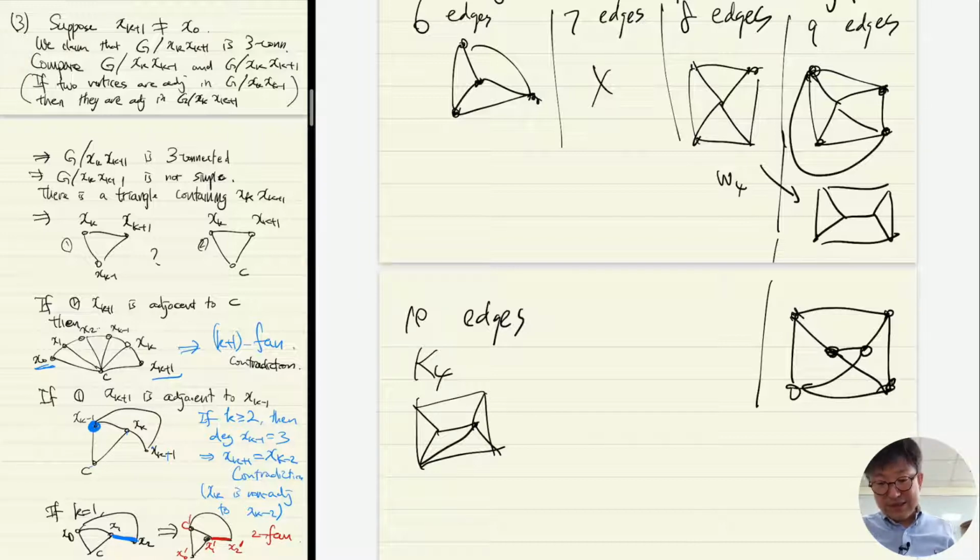Oh, up to symmetry, that's it? Yeah, there's no other. Right, that's the only one coming from here. How about that?